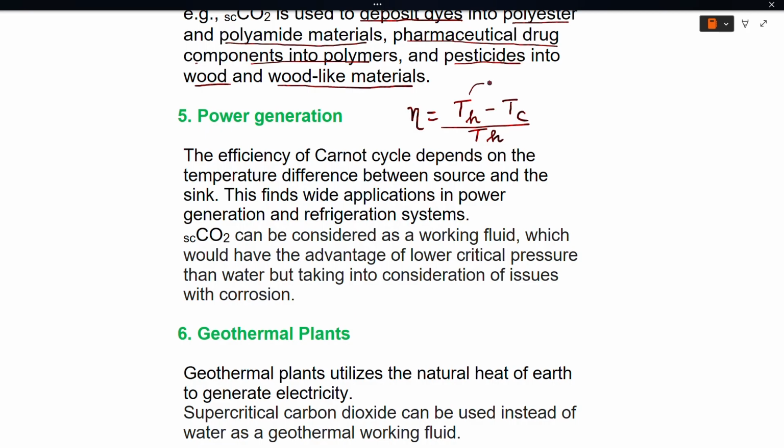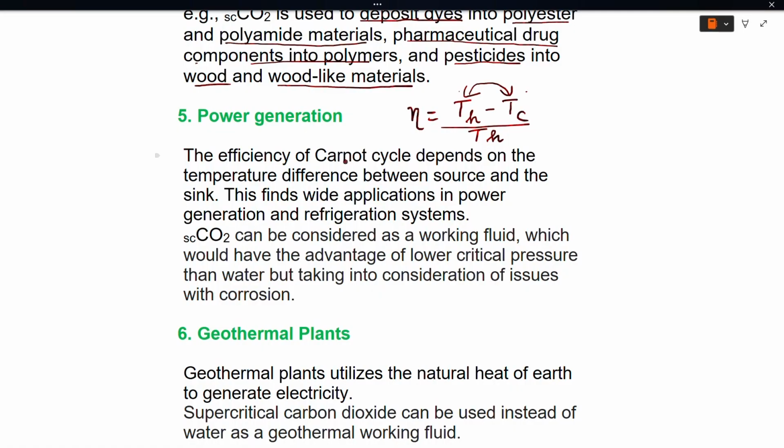Greater the difference between the temperatures of these two, that is, one is a sink, the other one is a source. This is a source and this one will be sink. Greater the difference between these two, greater will be the efficiency. So, the temperature difference should be greater.